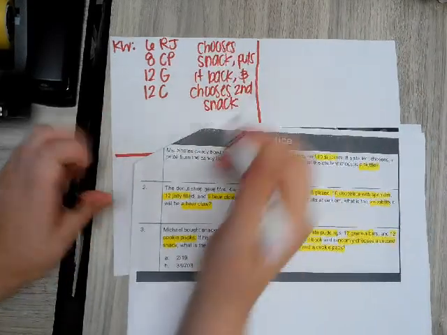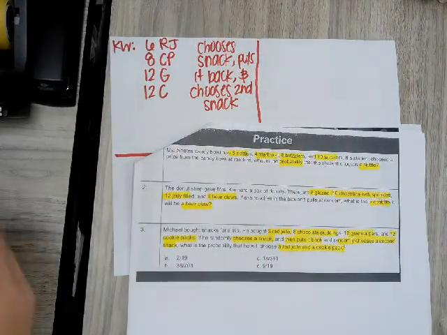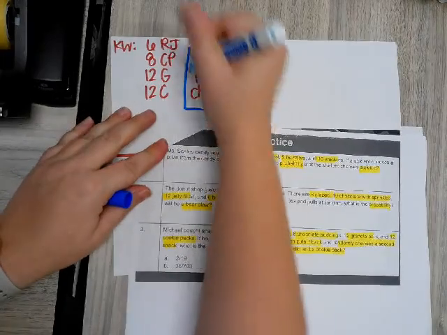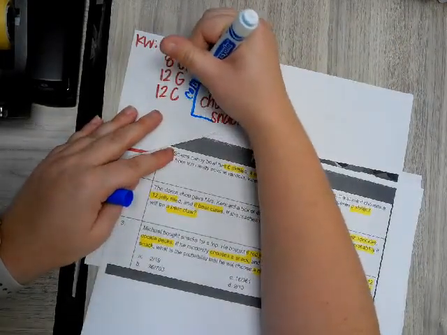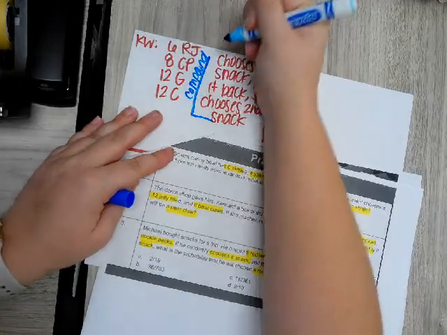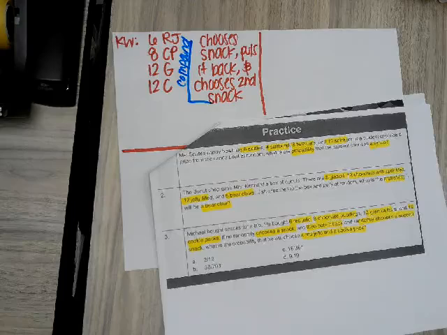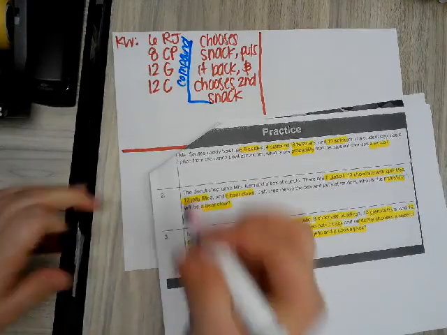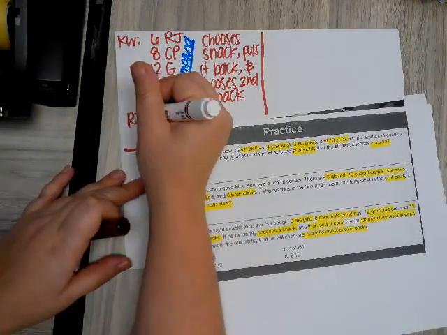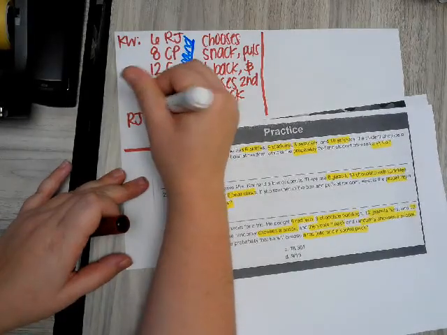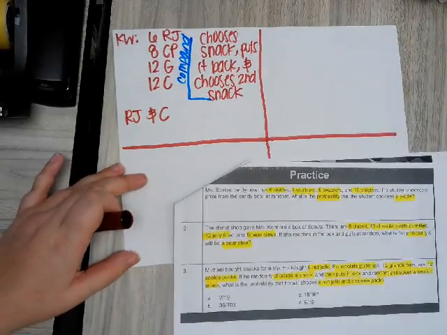All of this means that this is a compound, so we're going to be using multiplication. Okay, they want to know for red jello and a cookie pack.